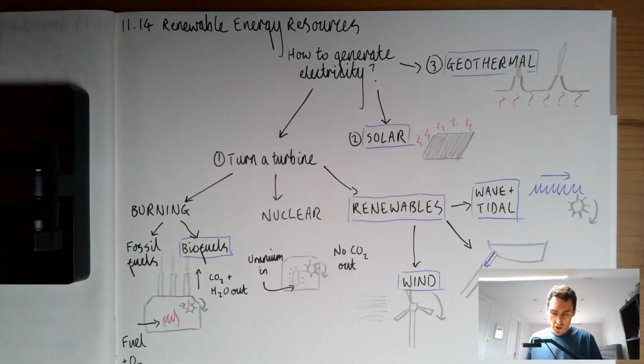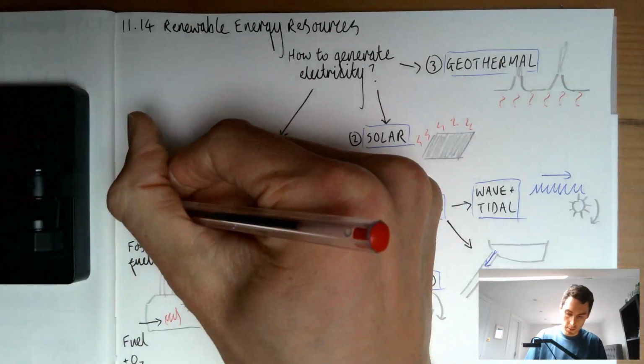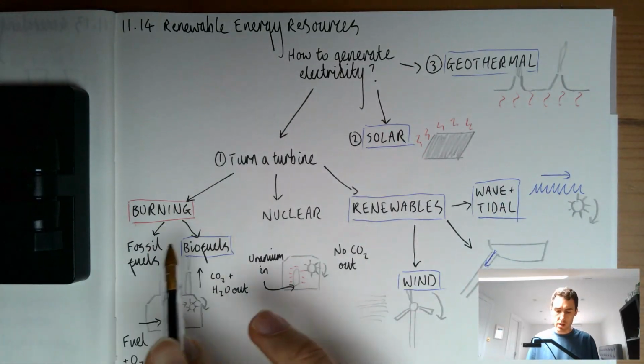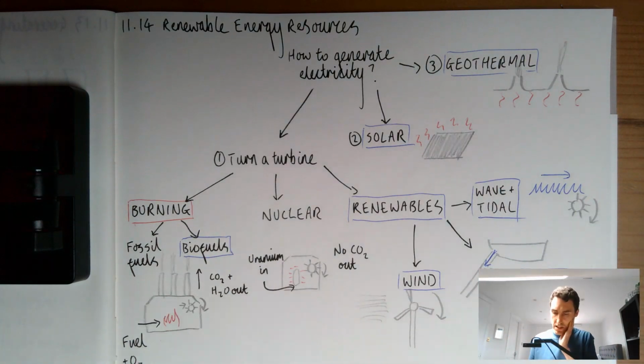So they're the renewables. You can also then highlight those ones that release CO2, and really it's just these two that involve burning. So if we're burning something to turn a turbine, that's the one that's going to release CO2. So both of these are CO2 releases, and we've drawn that in the diagram here.